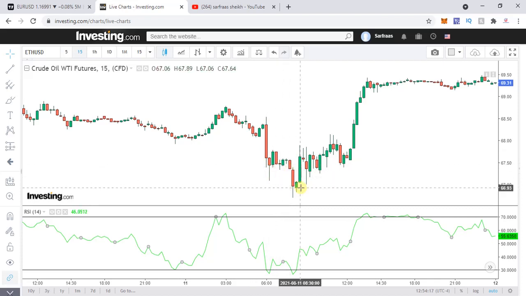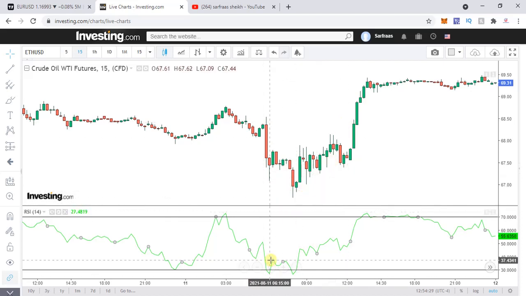There can be a little more downward movement, or in case of overbought zone, upward movement, but more or less you're going to find that the market is going to turn, the direction will change.